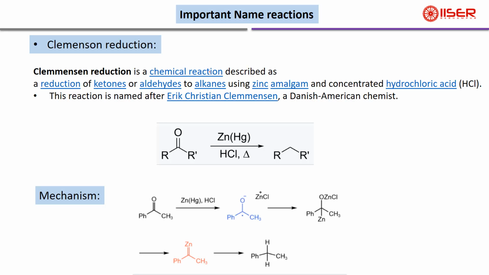Next is Clemmensen reduction. Clemmensen reduction is a chemical reaction described as a reduction of ketones or aldehydes to alkanes using zinc amalgam. So this is the mechanism of the Clemmensen reduction, where a single electron from zinc is donated to this ketone, and it will open up.